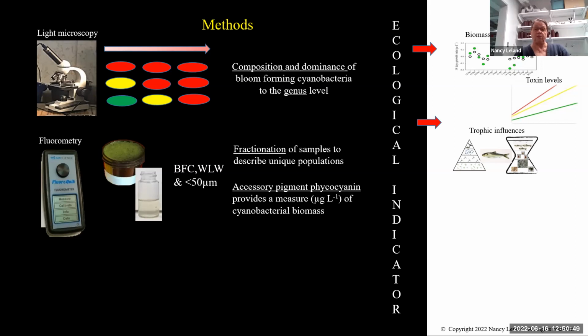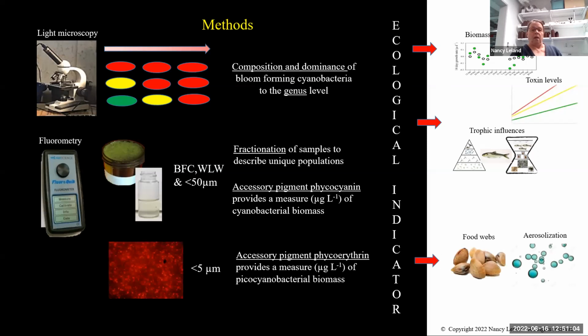And so that's what makes this program really great, is that we have very simple methods that we're using, and we're able to describe in really good detail what's happening with these different ecological indicators. By including picocyanobacteria, which is less than 5 microns in size, we're able to expand what we're looking at with our ecological indicators.